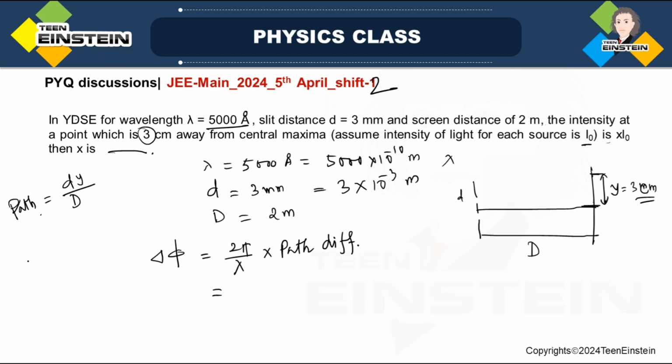Sorry, this is actually xn equal to small d lambda by capital D.